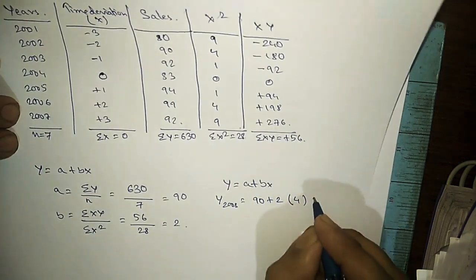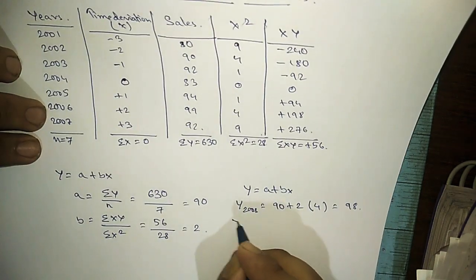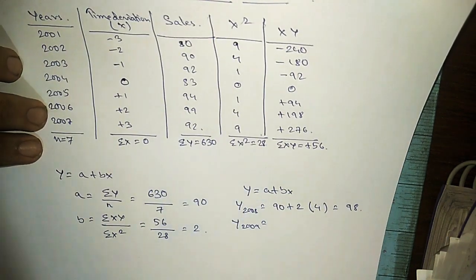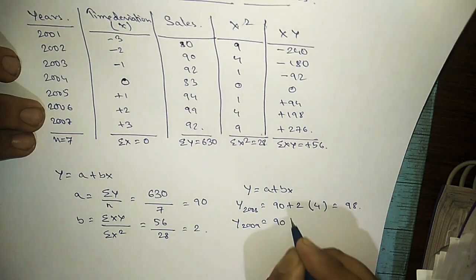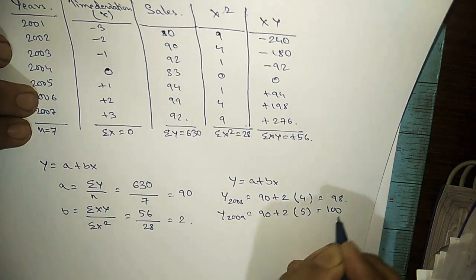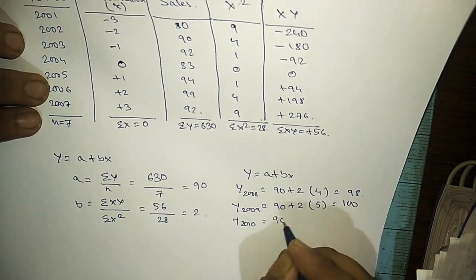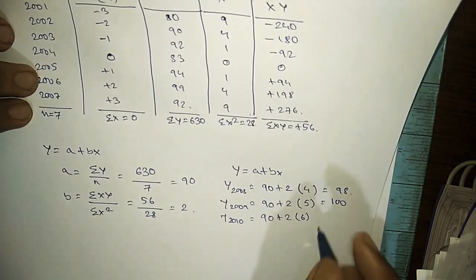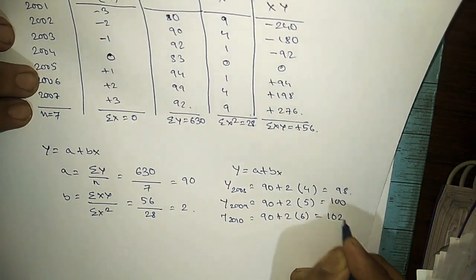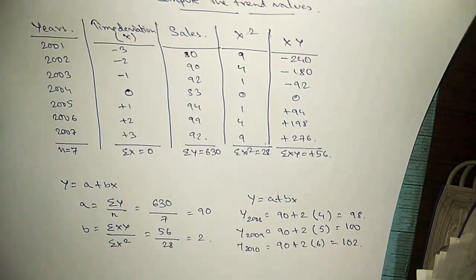Same as, so this will be 98. So next in 2009 equals 90 plus 2 into 5 equals 100, and in year 2010 equals 90 plus 2 into 6, which is 102. So that's it in this question.